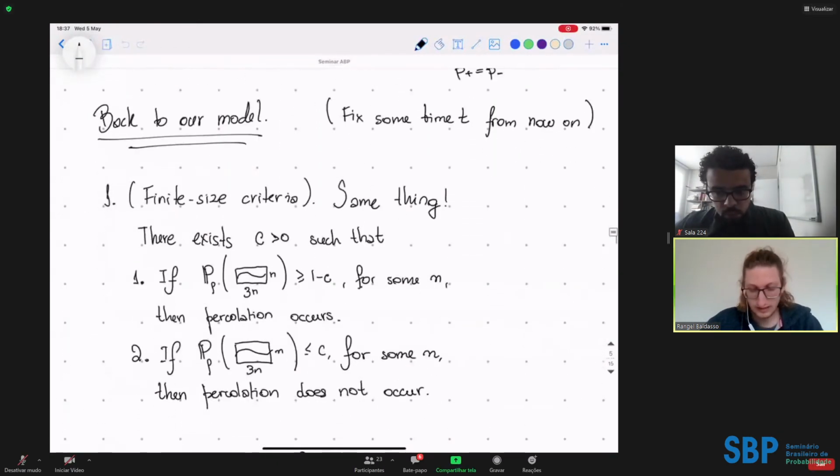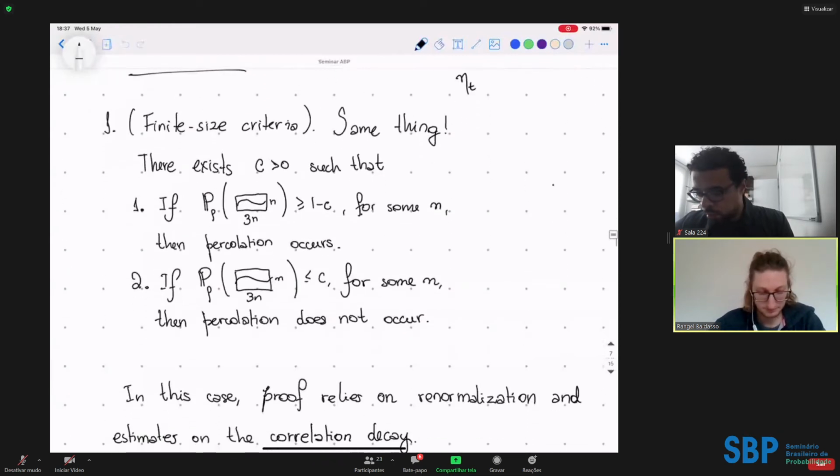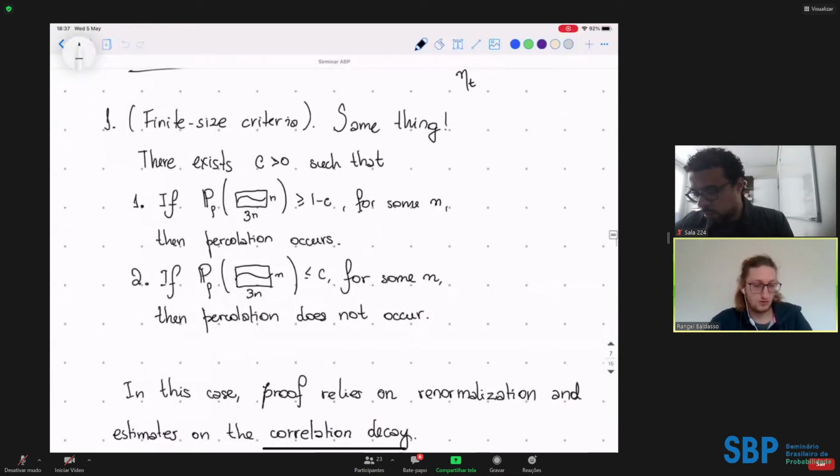Okay, so now let's go back to our model here. From now on, I'm going to just consider a time t that's fixed, and I'm not going to worry about it. So whenever I write probabilities, they are with respect to the process at time t. The strategy is to follow the same proof as for the independent case, but there are some problems here that we're going to see soon enough.